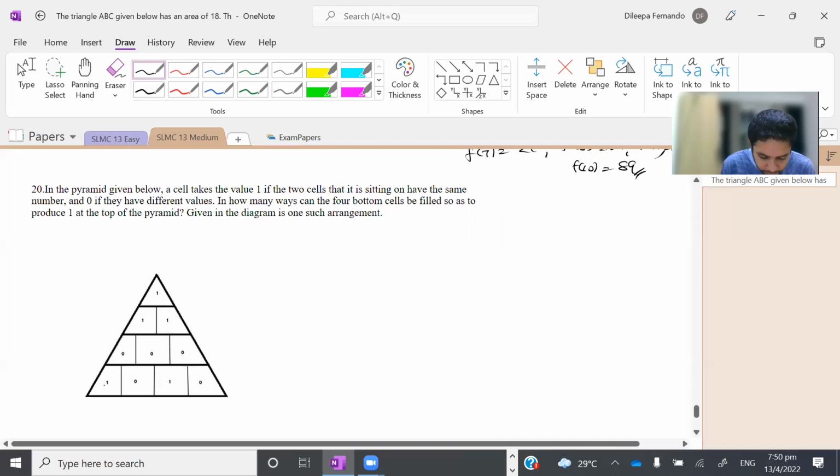So here we can see 1 and 0 are different values, so hence 0. Similar values, 1. Different values, 0.